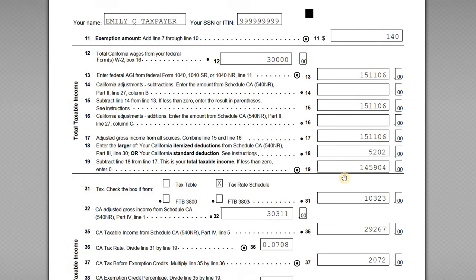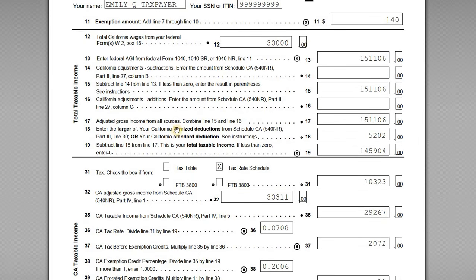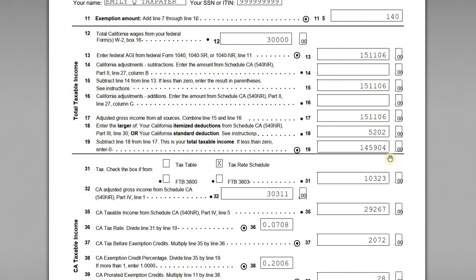Okay, so once we determine that lines 14 and 16 are not necessary because we don't have any additions or subtractions, our adjusted gross income from all sources is determined to be $151,106. The standard deduction allowed for single filers for 2022 for state purposes is $5,202, and so the net taxable income here, total net taxable income, right?